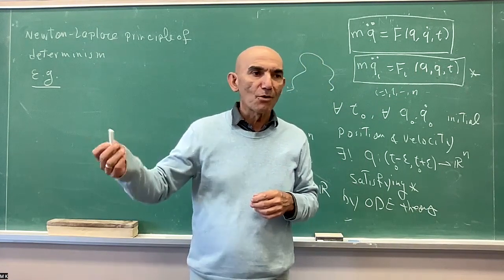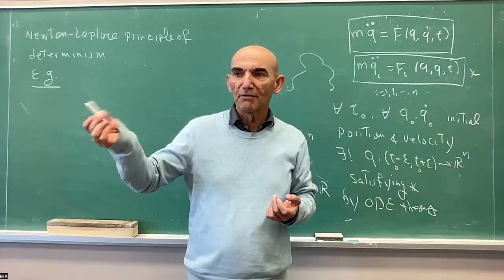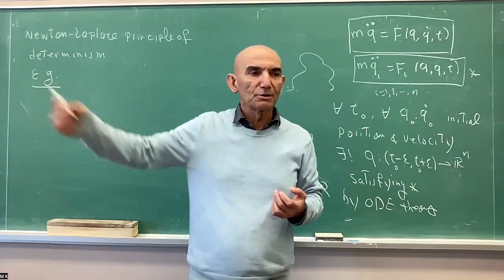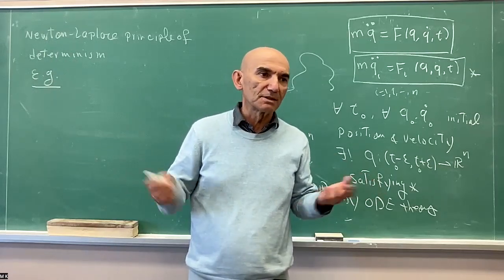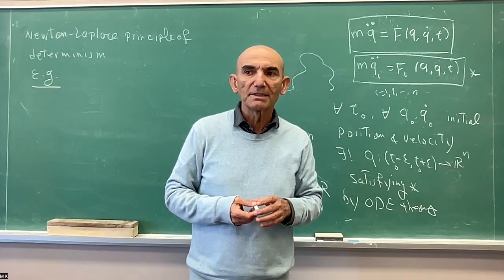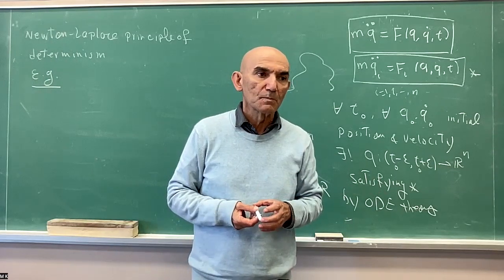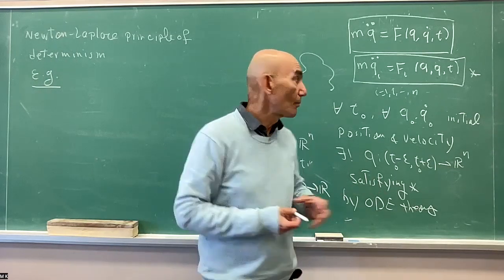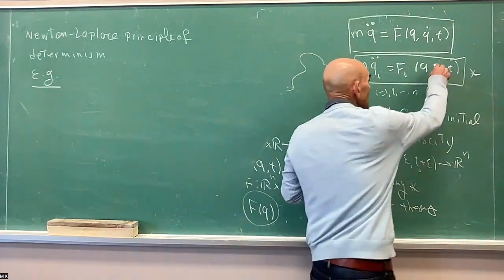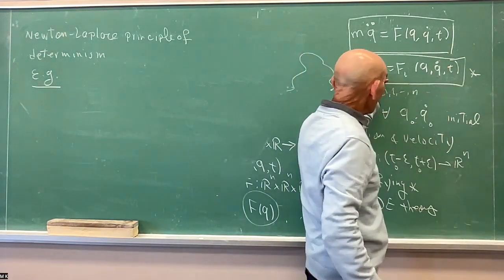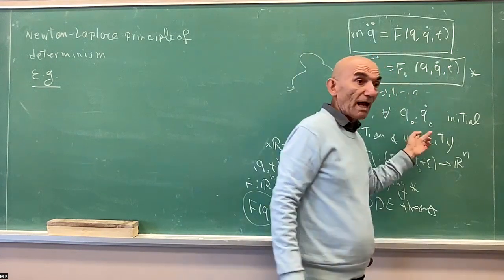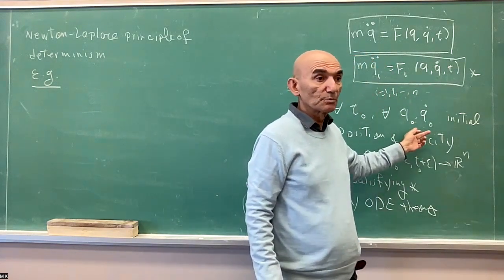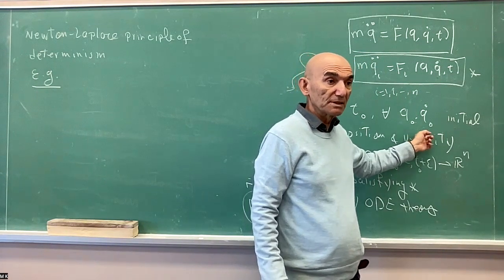In many situations, if you know position and velocity, you can tell that the system is moving in a very determinate path. It takes a determinate path. So if you have higher dependence, does the theorem not hold? The theorem holds, but then we don't have just position and velocity dependence.